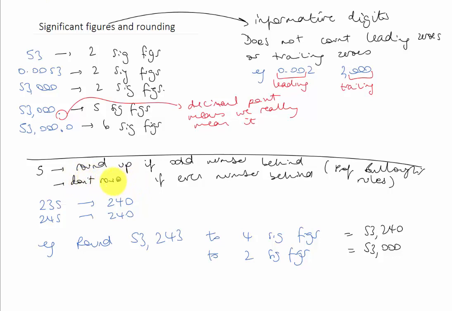Leave it as it is. That's what I meant. So don't use too many significant figures if you don't really mean it, if you aren't really confident in the precision of your measurements, and then we can have rounding to a certain number of significant figures using this rule of Professor Bullough's.